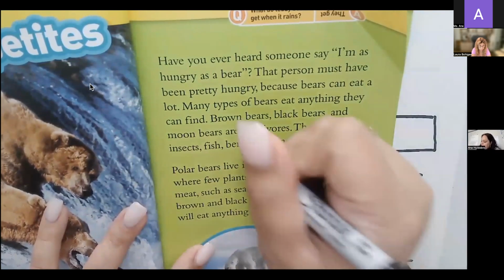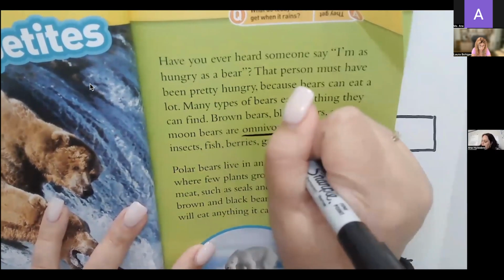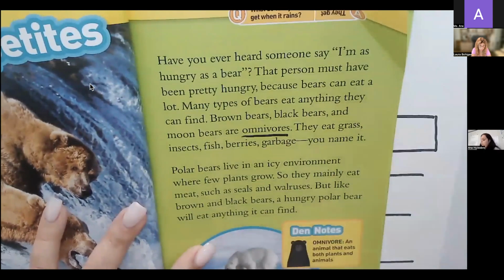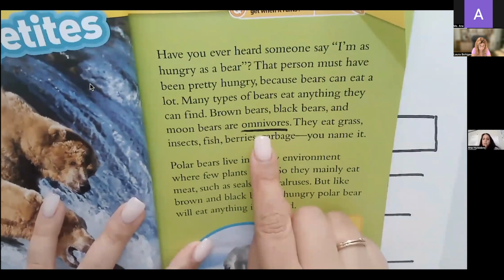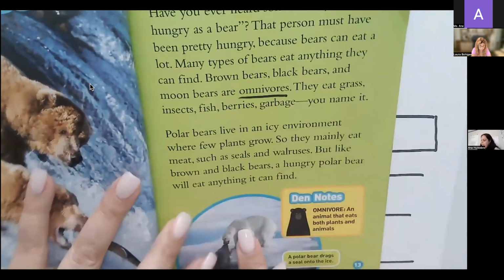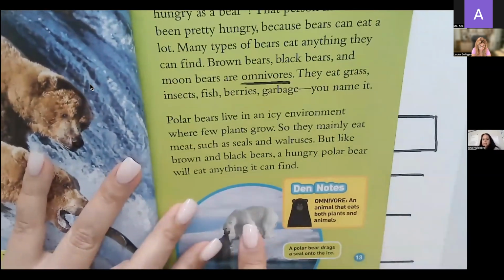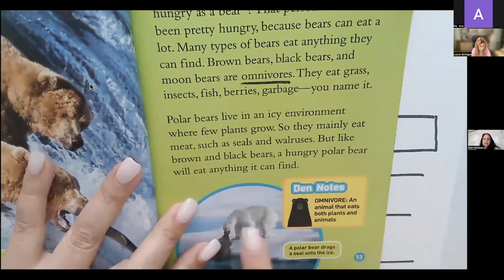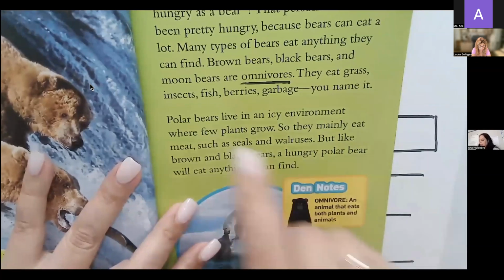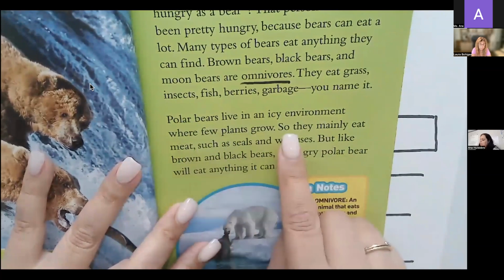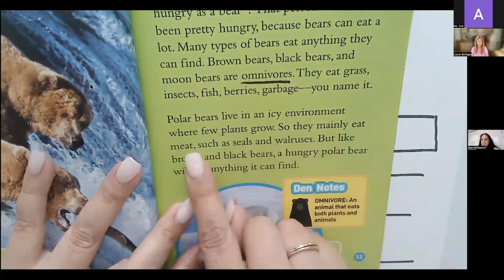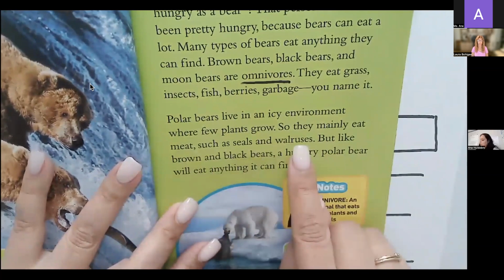I'm going to go ahead and underline this word, omnivores. Omnivores means that they eat both meat and plants. So they don't eat just one thing. And here we have a picture of a polar bear. Even though we're not writing about polar bears, I'm still going to read this. Polar bears live in an icy environment where few plants grow, so they mainly eat meat, such as seals and walruses.